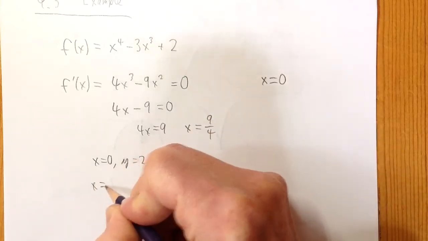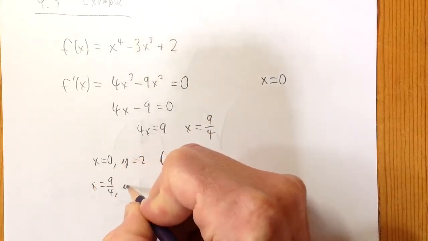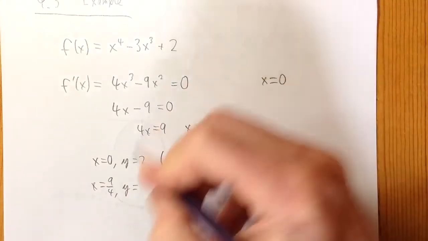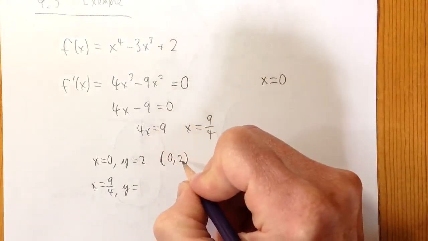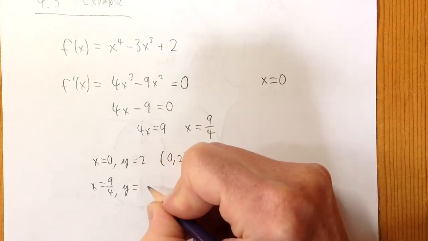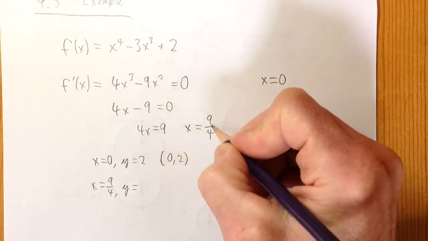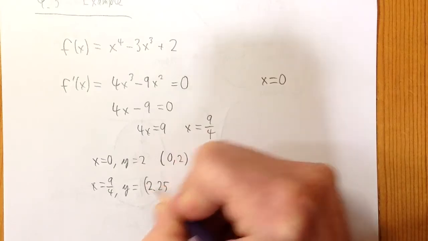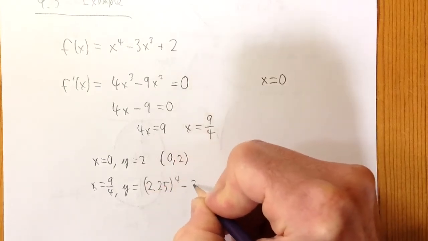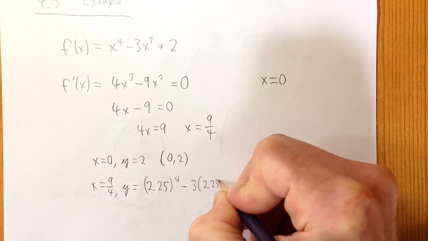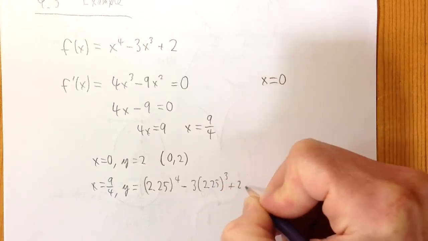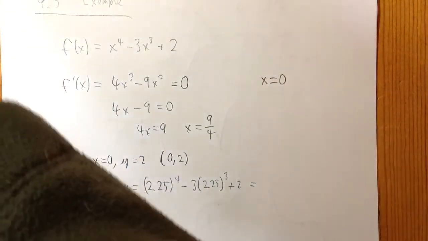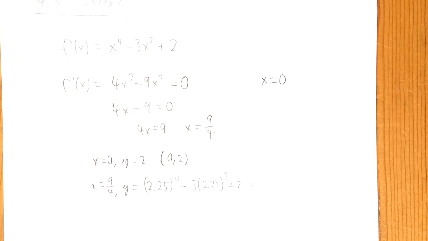Now when x equals 9/4, y is equal to, okay, this one's trickier. You can plug this in a calculator, which is what I'm going to do. 9/4 is 2.25, so y is 2.25 to the 4th minus 3 times 2.25 to the 3rd plus 2. And so let's get that number using a calculator.